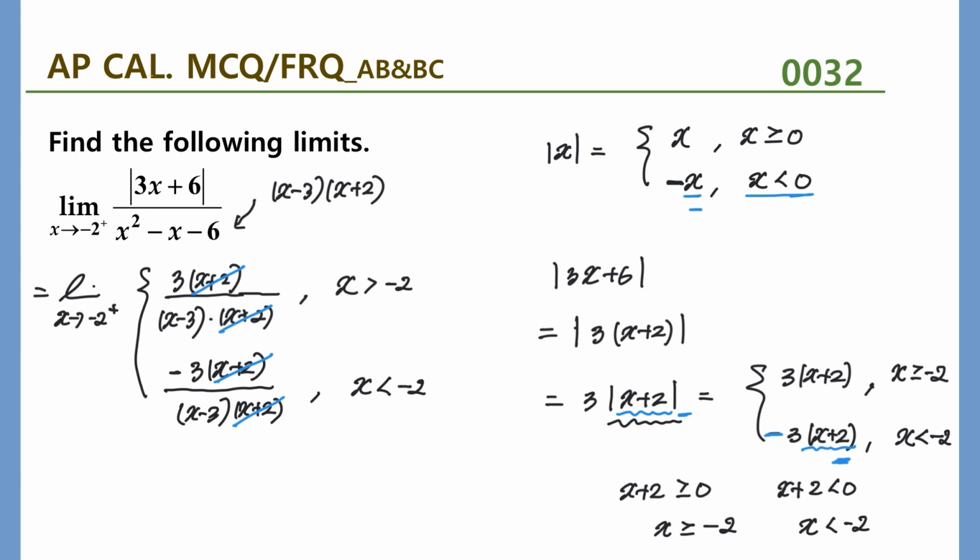If x is greater than negative 2, we have this function. Since x approaches negative 2 from right hand side, we substitute negative 2 in this function. Does that make sense? So that is equal to 3 over negative 2 minus 3, which gives us 3 over negative 5. So that's our answer.